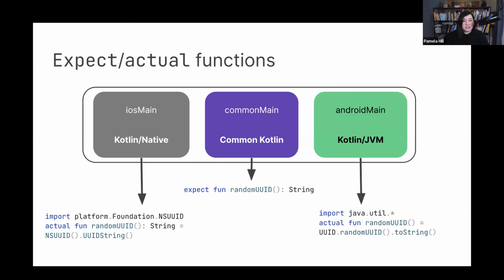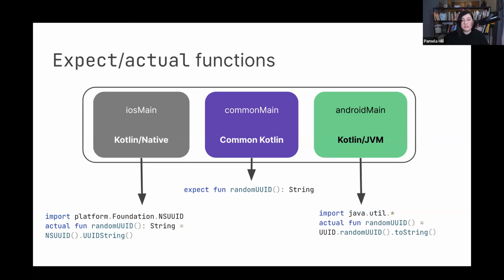On the iOS side, on the left-hand side, you can see that we're importing platform.foundation, and we're using the NSUUID .uuidString class and function. And so we're using the iOS APIs here, the Foundation set of APIs.